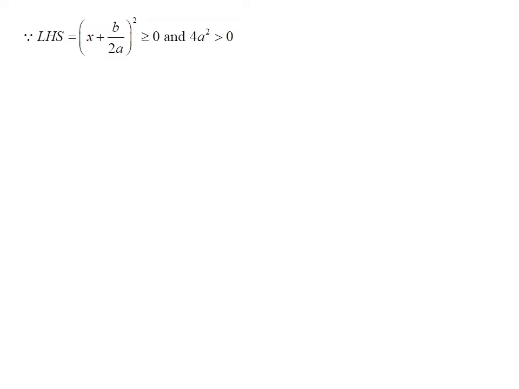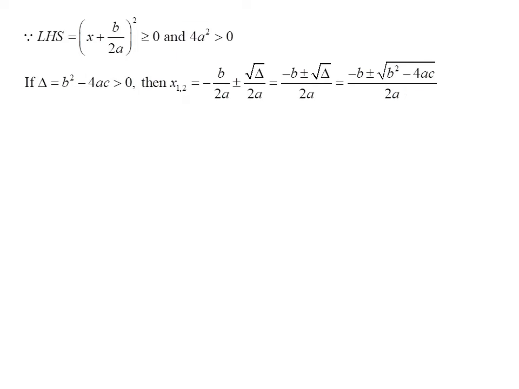By convention, b squared minus 4ac is defined as the discriminant, and we use a simple delta to represent it. Based on the value of the delta, we discuss the possible outcomes of this quadratic equation.